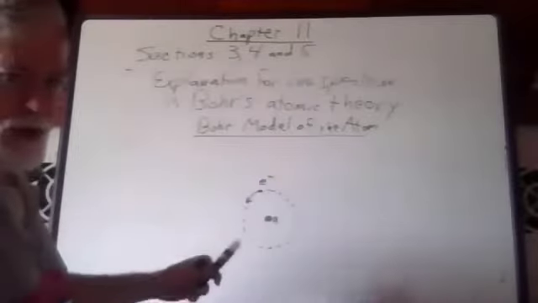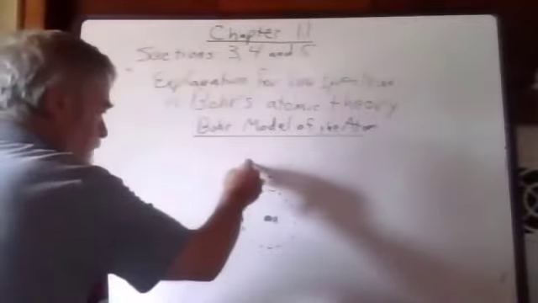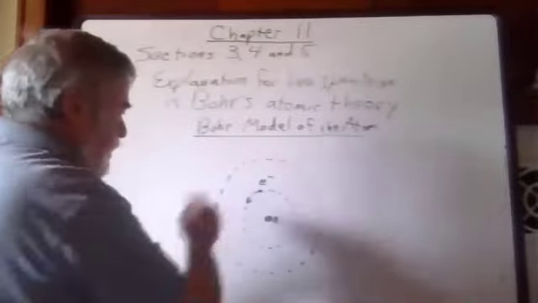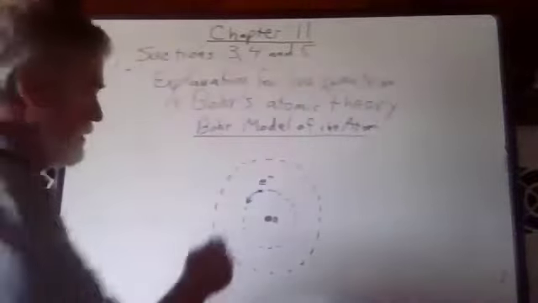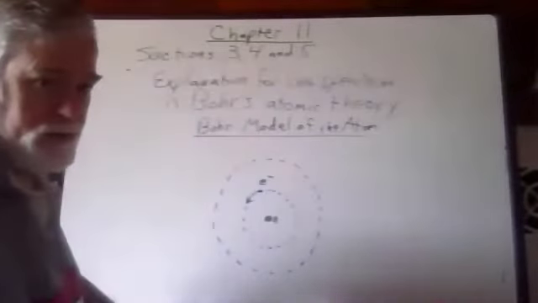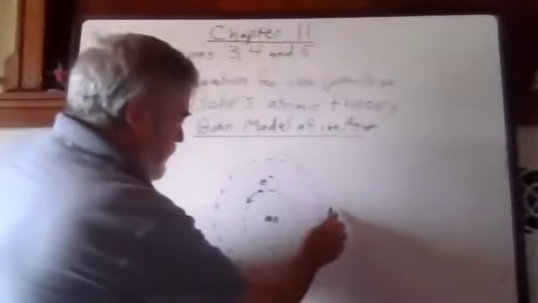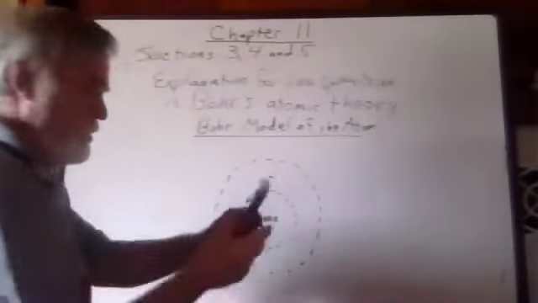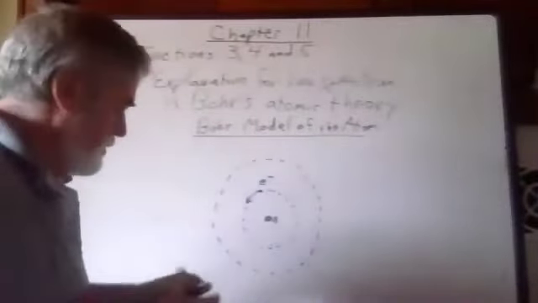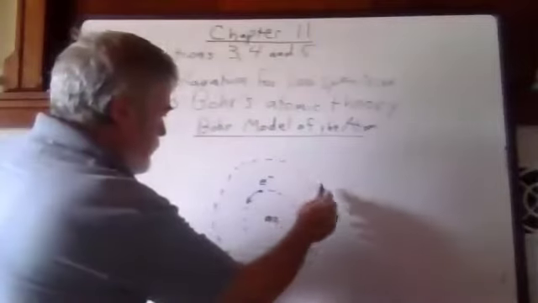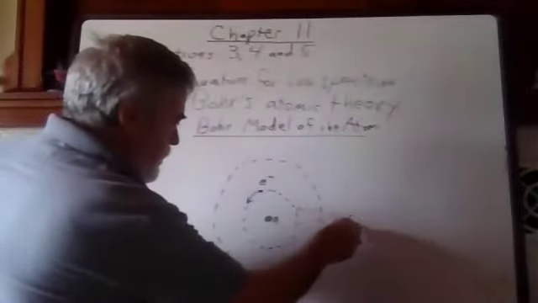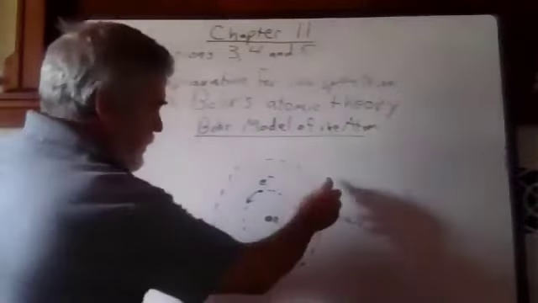But it can exist further out, but not in any position further out. It could exist here, though. So this could be another orbit of the electron. So this is an orbit, and so is this.